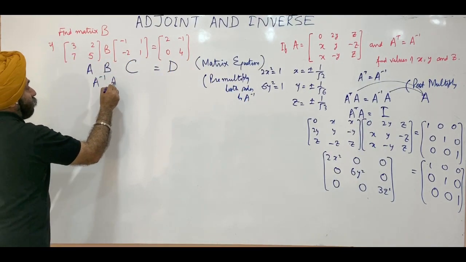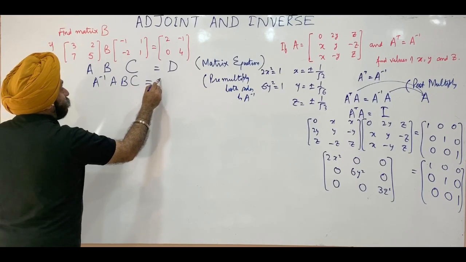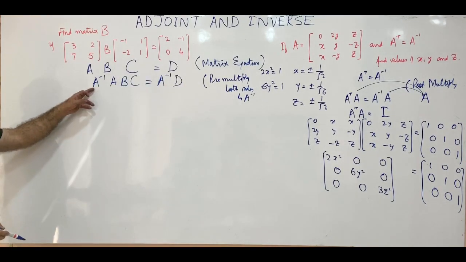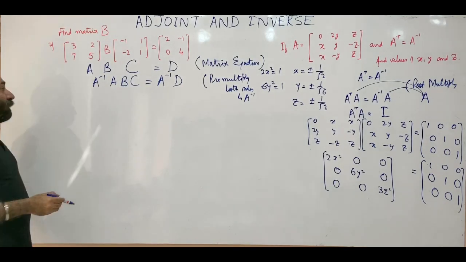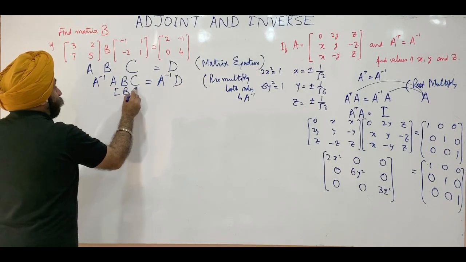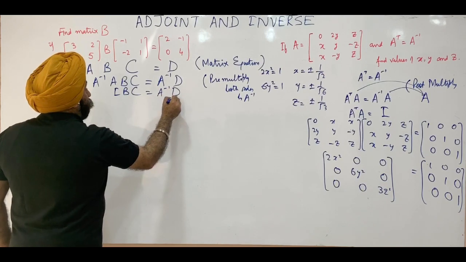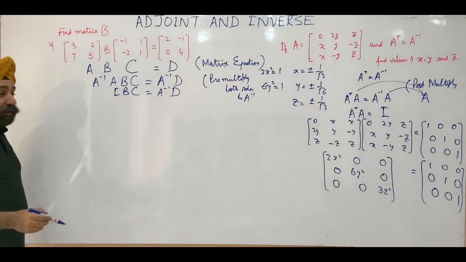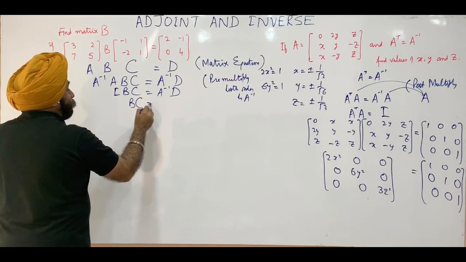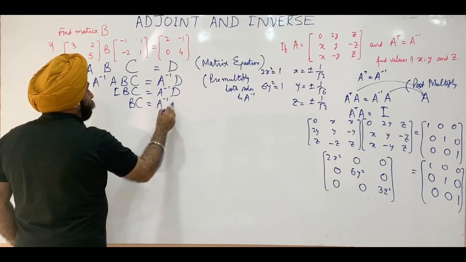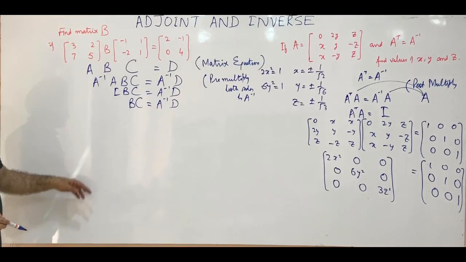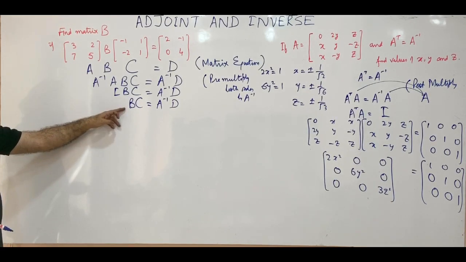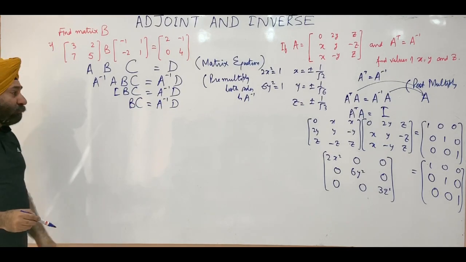A inverse into A into B into C is A inverse into D. A inverse into A is I, and I into B, identity matrix into a matrix, is the matrix. That's B. B into C is A inverse into D. So we are able to eliminate A from the left. We have now BC equal to this.